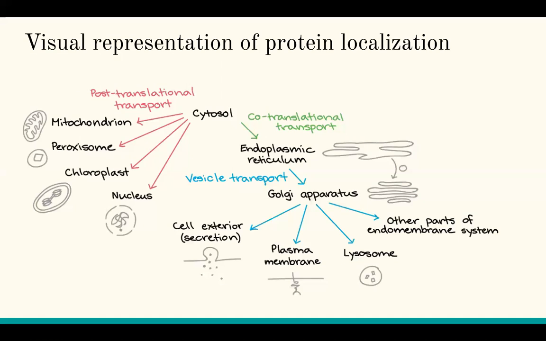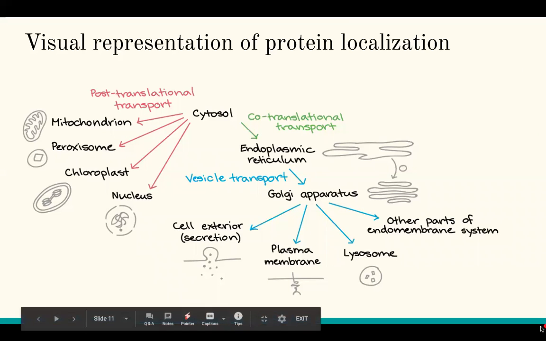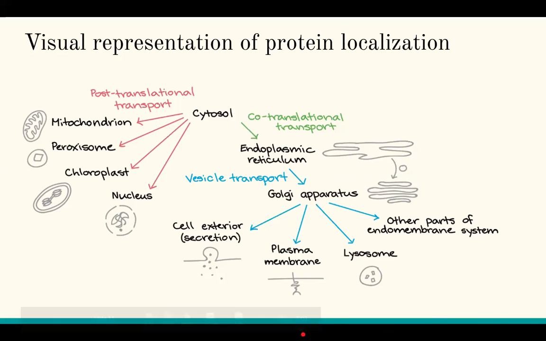So here's another visual, basically just where they end up. Professor Francis mentioned co-translational transport. Basically, this is just that your protein is being translated while also being translocated into the ER. The ribosomes that are embedded in the ER membrane are what are translating your proteins that will enter this endomembrane system. Then you go through the ER.